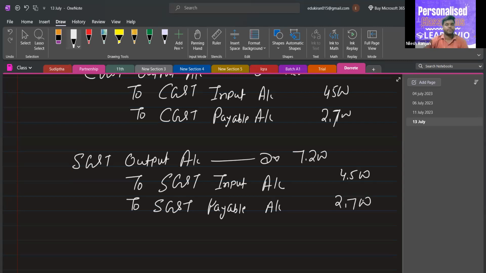Is this clear? So input is deducted from output, and after that, the balance amount is payable to the government.